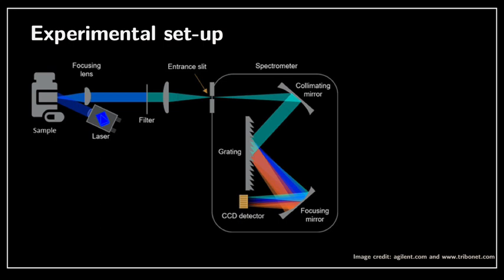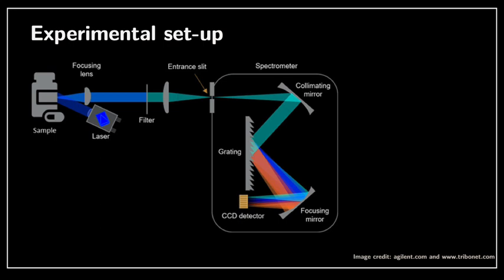and then after that there is a spectrometer here that allows to separate the different frequencies of the scattered light, and a CCD detector counts how much of each frequency is scattered by the system. So this is really what's happening.